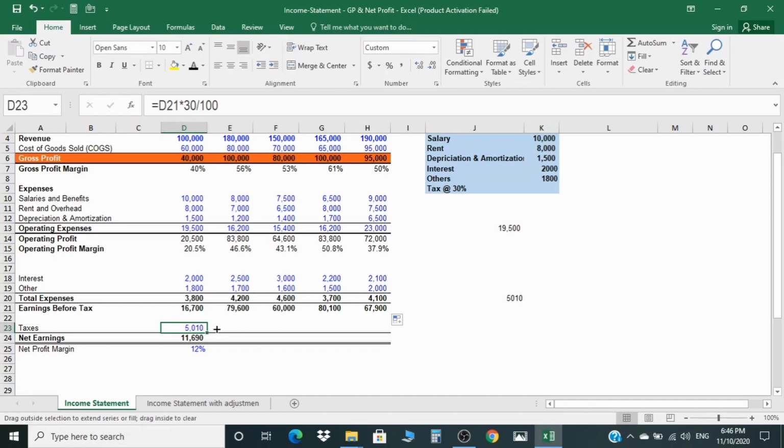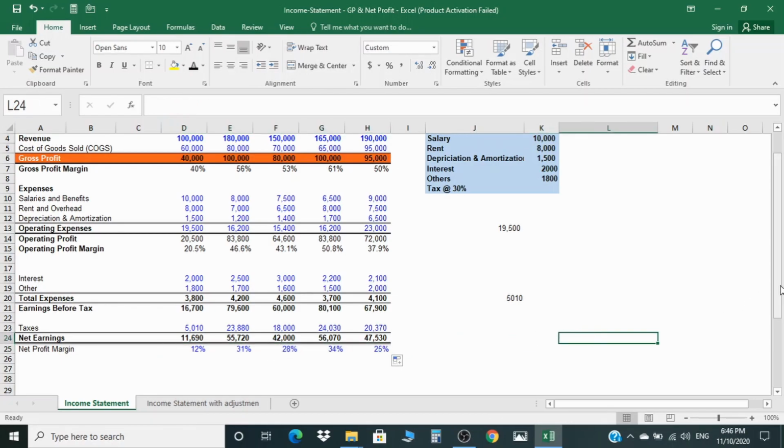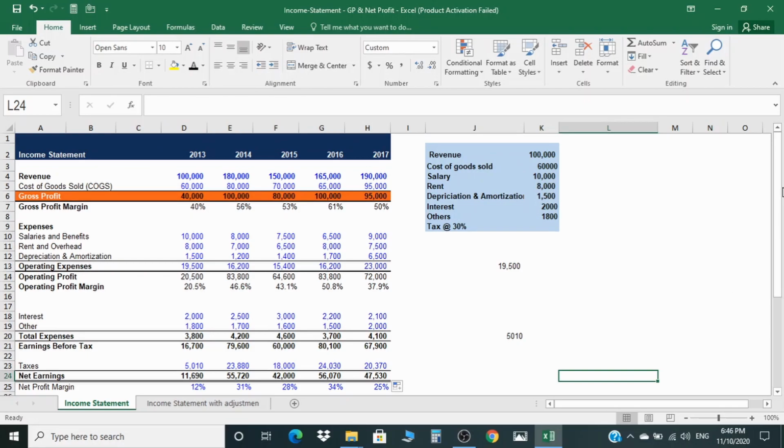You already put the 30% over there. Just go there, it will calculate 30% altogether for you, right? That's so easy. So you just need to spend time on your first year. Then after that, you just drag the formula, and you get all the answers straight away, right?